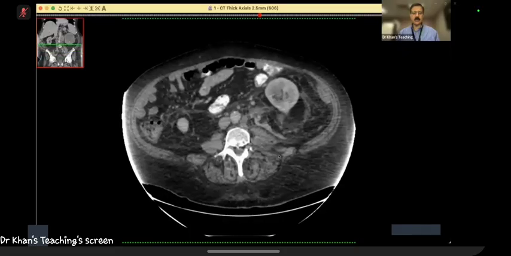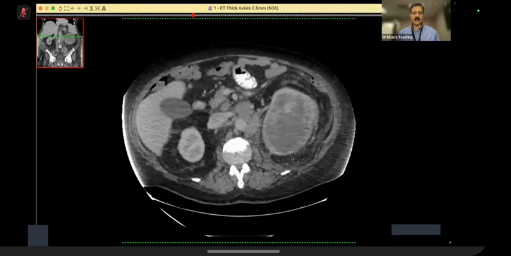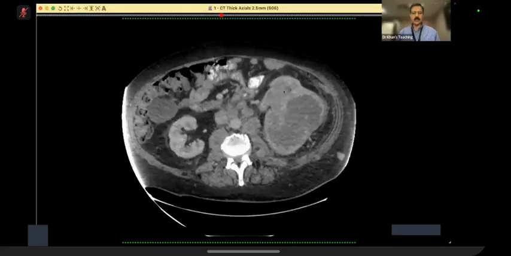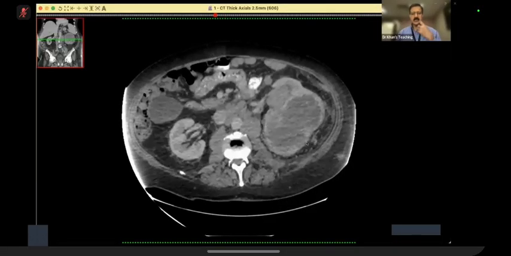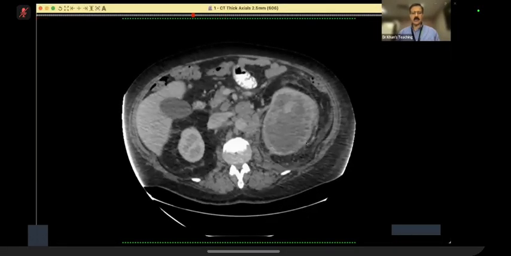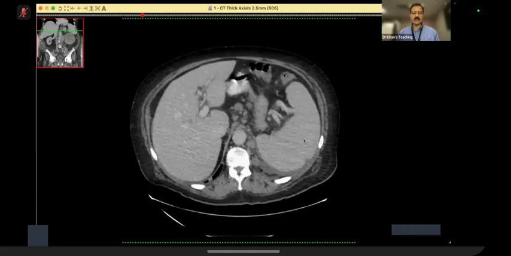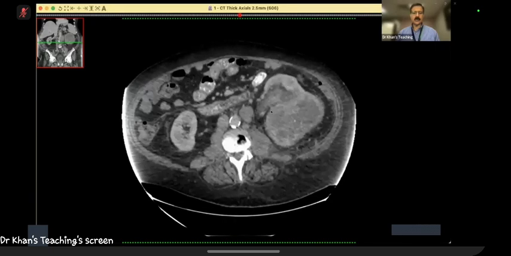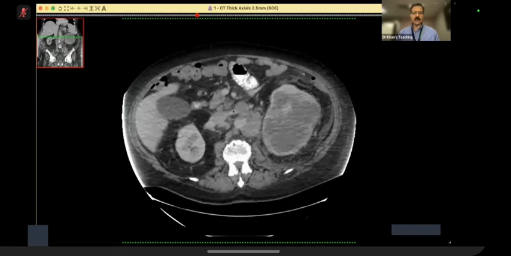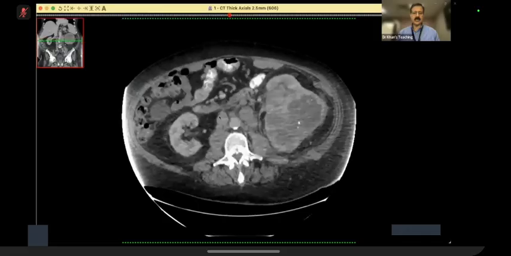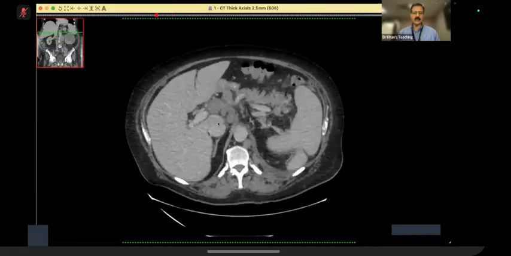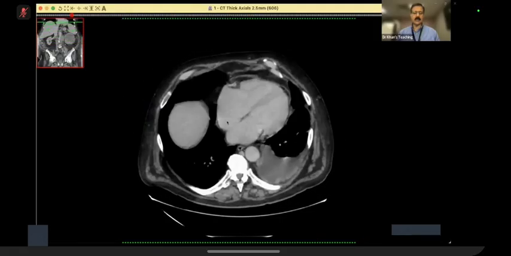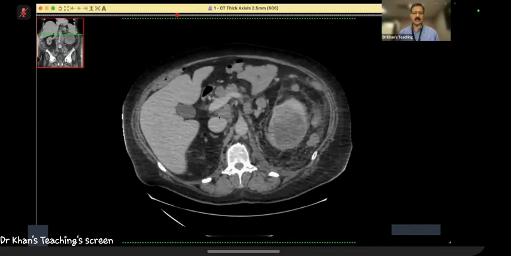But look for everything very carefully. Please remember RCC goes into the renal vein, and from the renal vein into the IVC, and from there it can even travel all the way up into the left atrium. And that is an exam case.